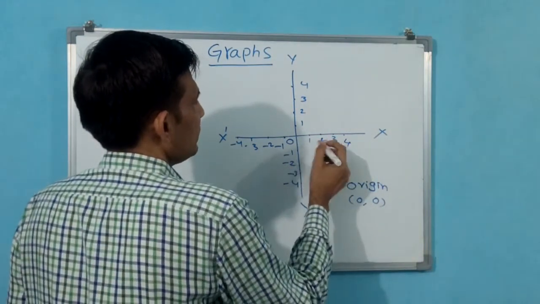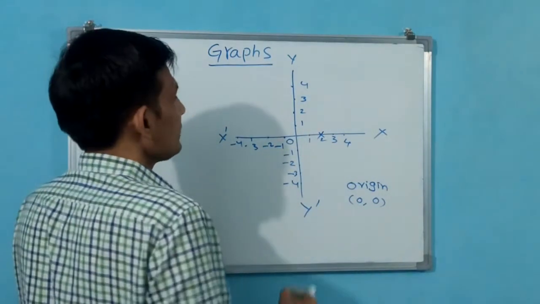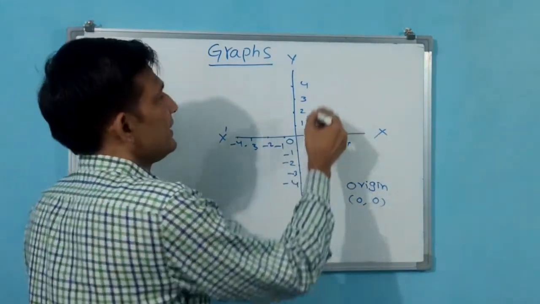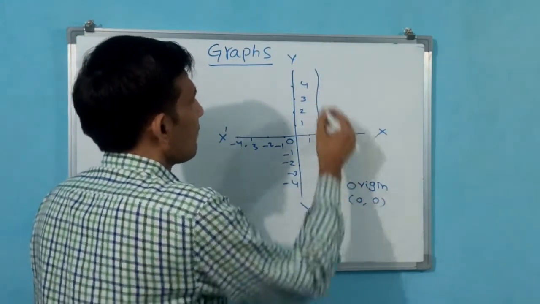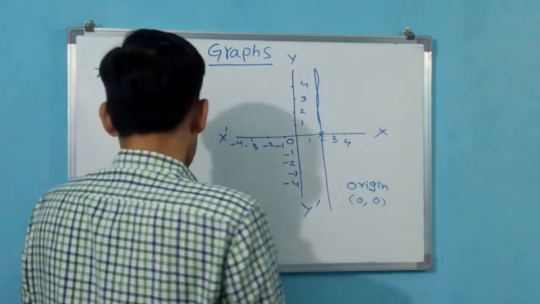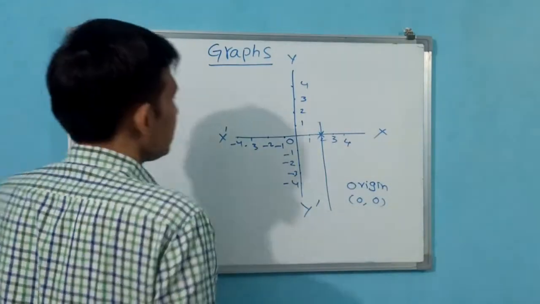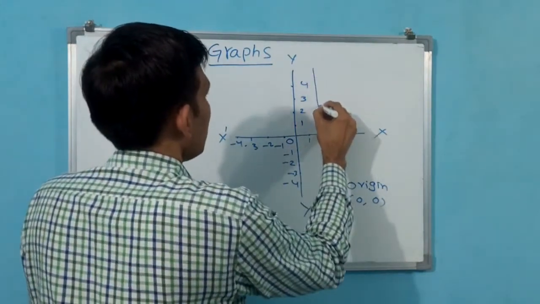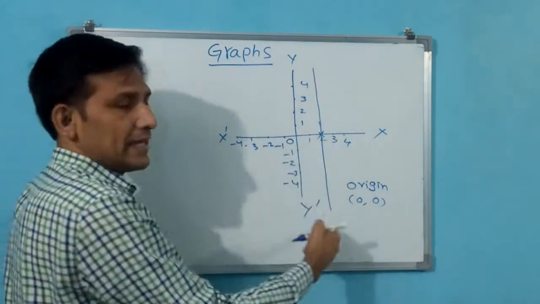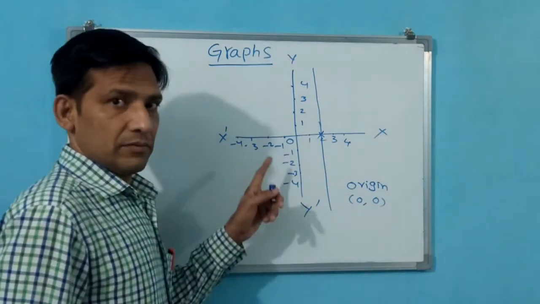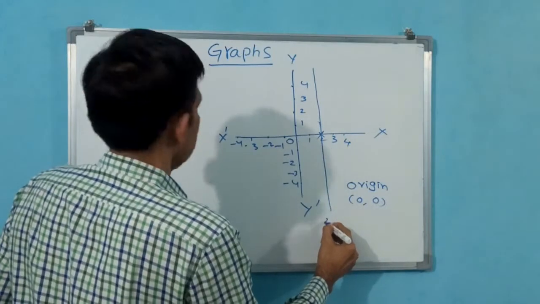This is the point, and you make a straight line parallel with the y-axis. In one corner, top or bottom, you write x is equal to 2.